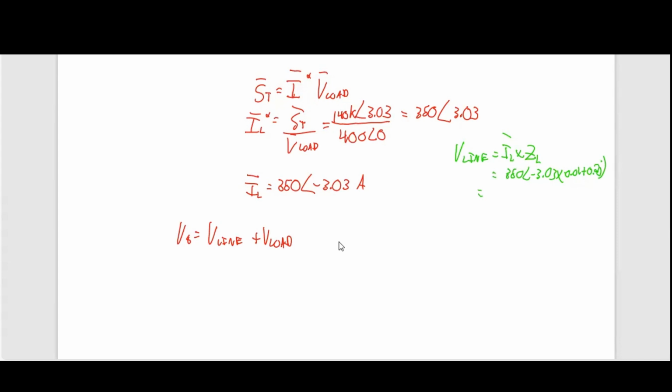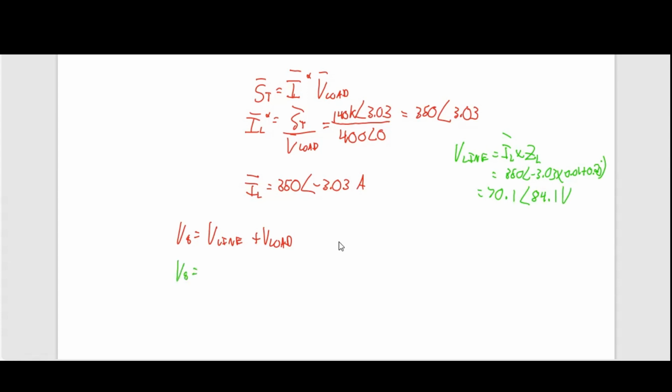That'll be 350 shift angle minus 3.03, multiply by open bracket 0.01 plus 0.2i close bracket, equal. Right, so that is 70.1 angle 84.1 volts.